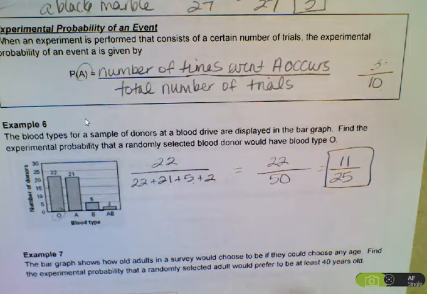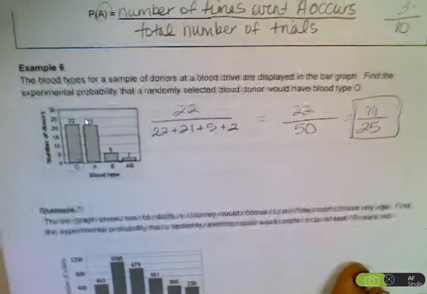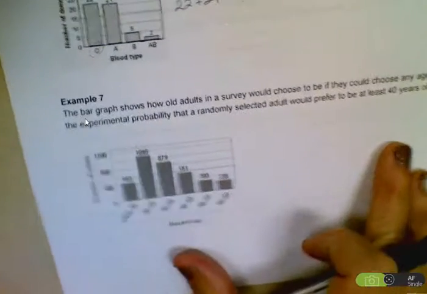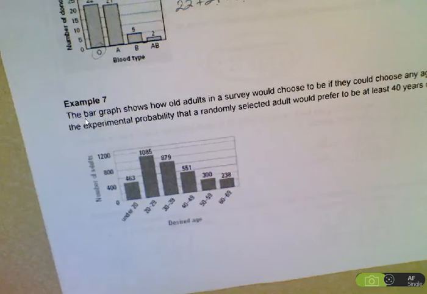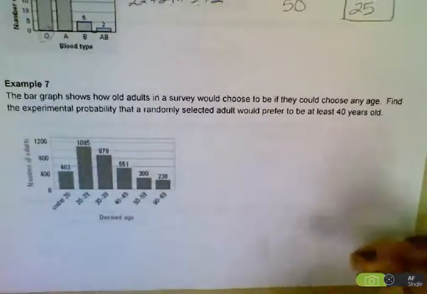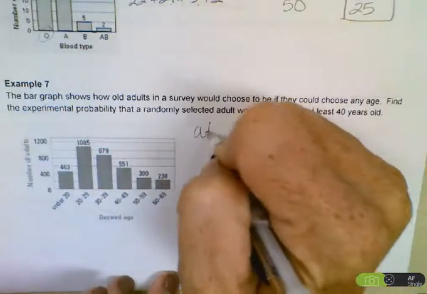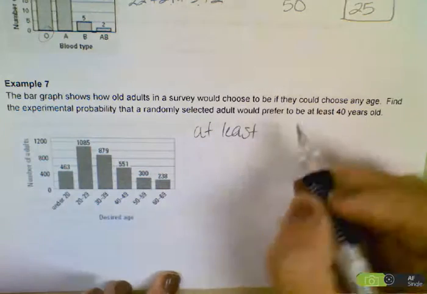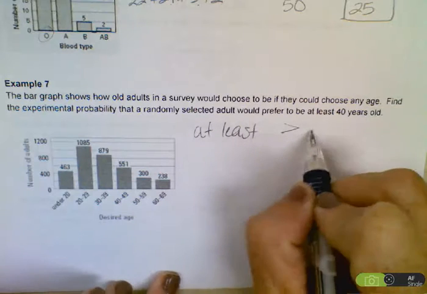Example 7, the bar graph shows how old adults in a survey would choose to be, let me rephrase how I'm reading that. The bar graph shows how old adults in a survey would choose to be if they could choose any age. Find the experimental probability that a randomly selected adult would prefer to be at least 40 years old. So I want you to think about what at least means mathematically. So that means that it can be greater than 40.